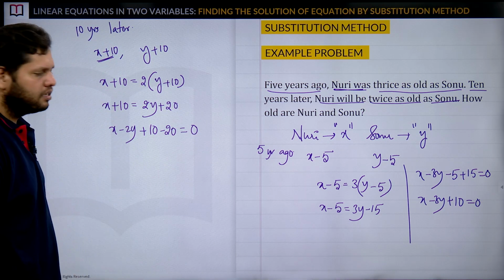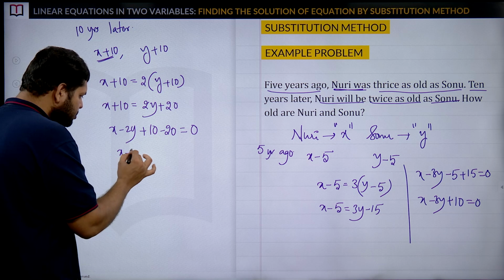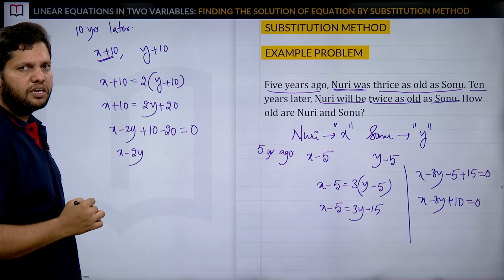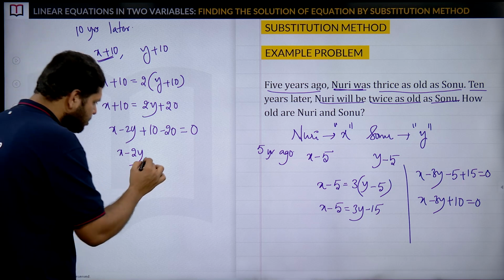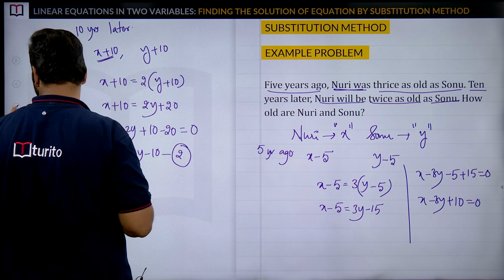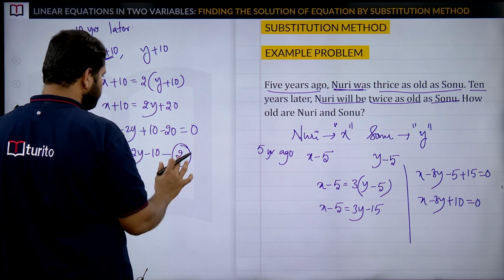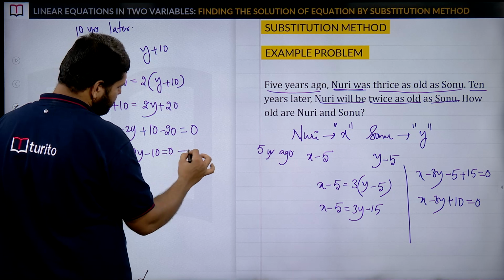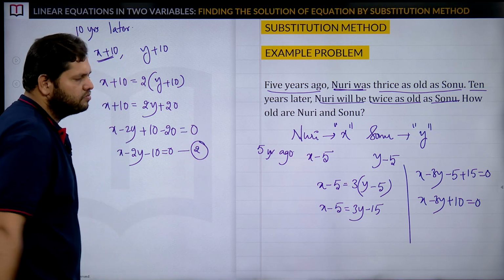And what is the answer, children? 10 minus 20 is minus 10. So this is minus 10. Forgot to write equal to 0. Okay, so this is equal to 0, and take this as equation 2.